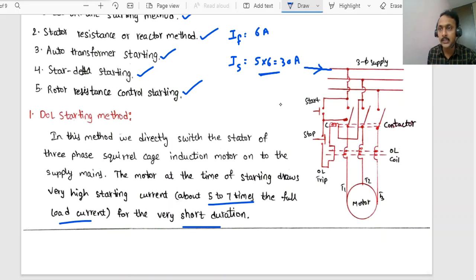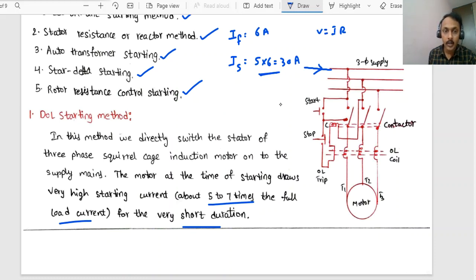Because of the existing resistance of the line, V equals IR, the voltage drop causes voltage fluctuation. We can observe it as blinking of lights, or some small reduction in the speed of fans, where other loads are also connected on the system. Such observations we can make if the motor is started with the DOL method.